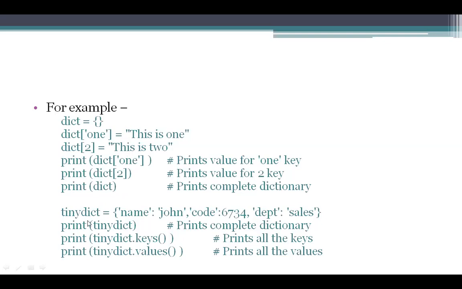One more tiny dict has been created here. If you want to access the keys, here they are: name, code, dpt. All these keys will be printed if you use this function. If you want to print all the values in the dictionary, give the dictionary name dot values. It prints John, 6734 and 6.